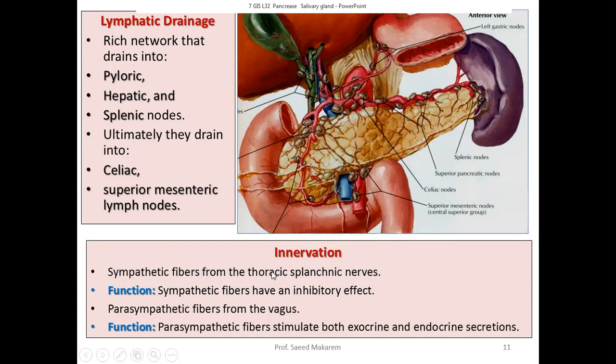So whenever these sympathetic fibers are stimulated, there will be a decrease in the production as well as secretion from the pancreas. The parasympathetic fibers are from the vagus. So whenever these are stimulated, both the exocrine and the endocrine parts will start secreting. The exocrine part will be secreting the required juices, and the endocrine part will be secreting the hormones.